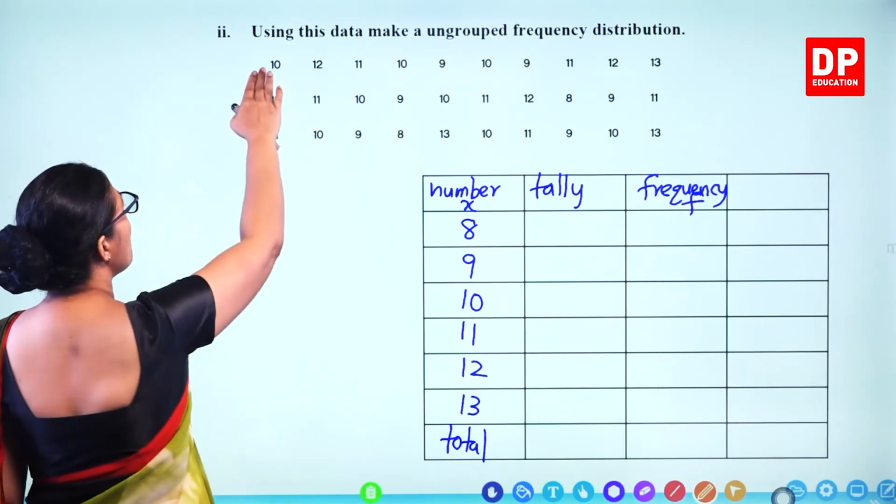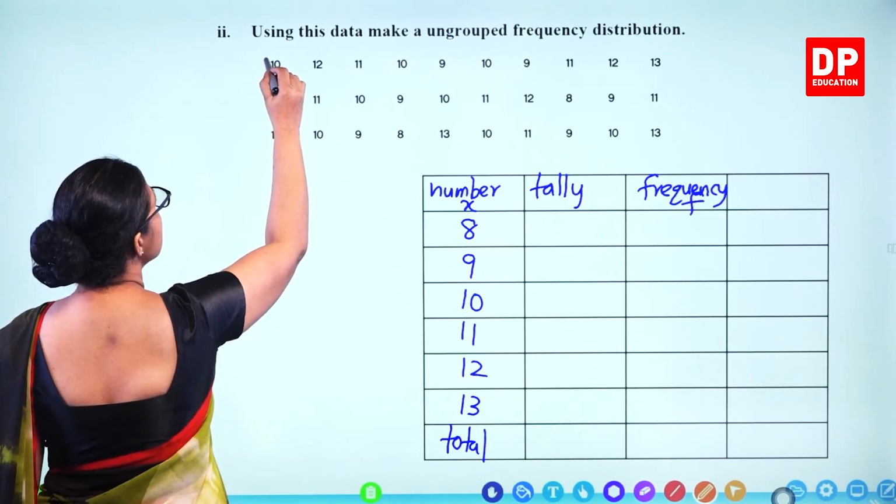So you can start from the beginning. You can cross out after you mark.